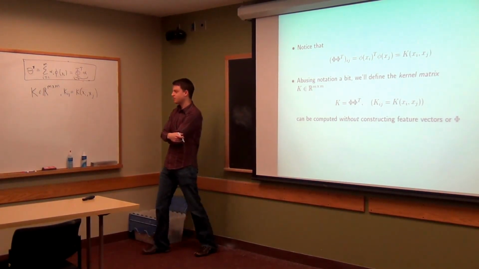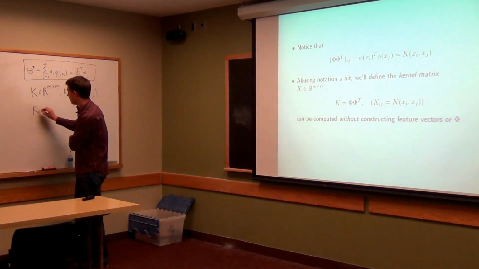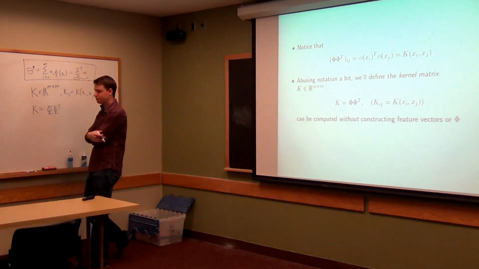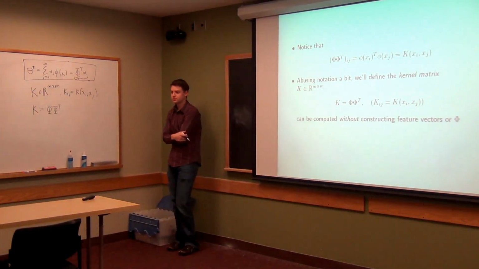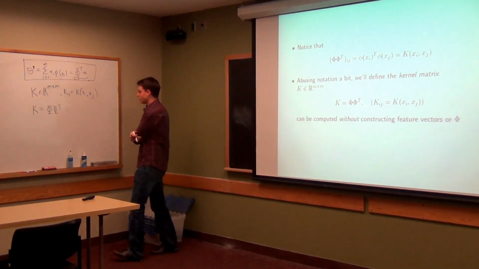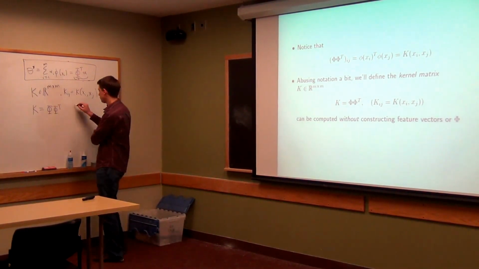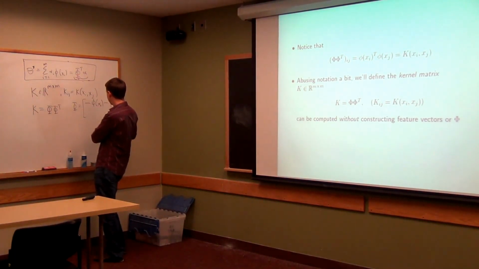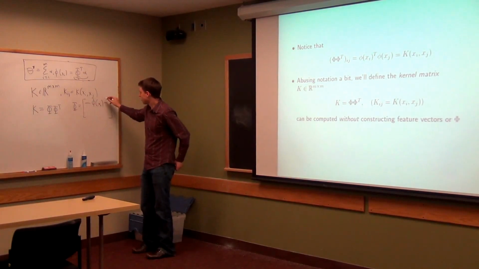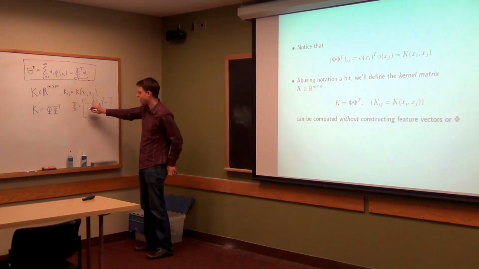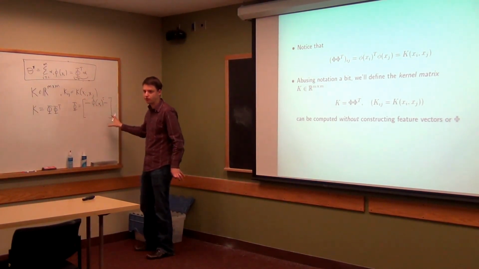And notice that this is exactly equal to, in our old notation, phi phi transpose. Because the rows of phi were these feature vectors, the ijth element of this will be the ith row of this times the jth column of this, because it's this transpose.